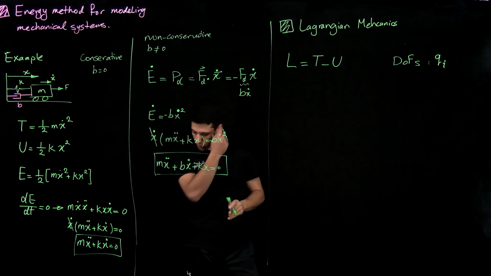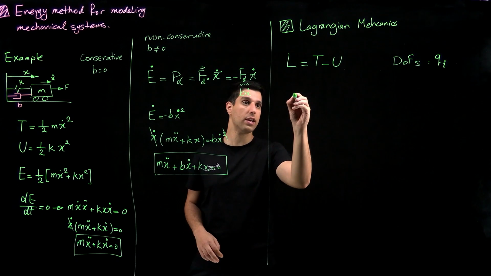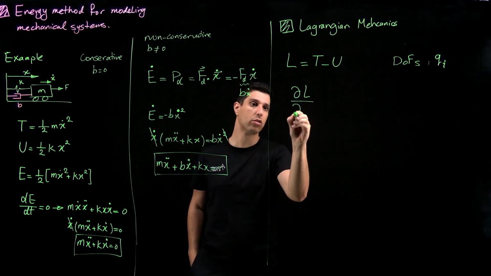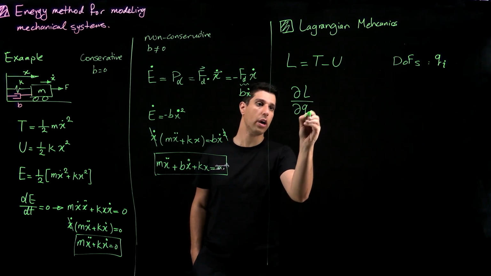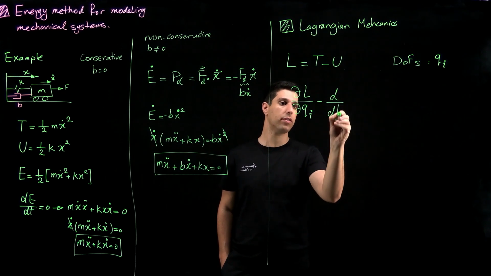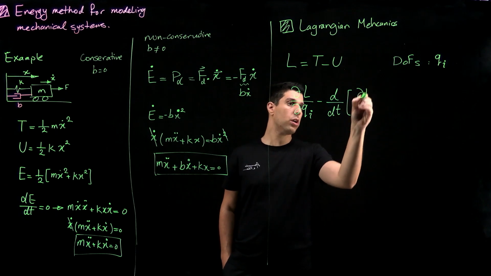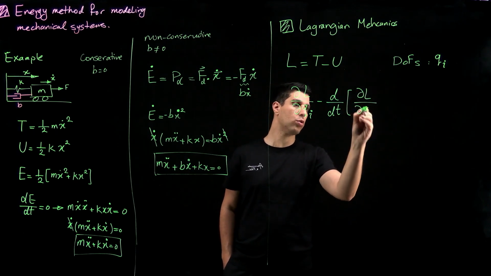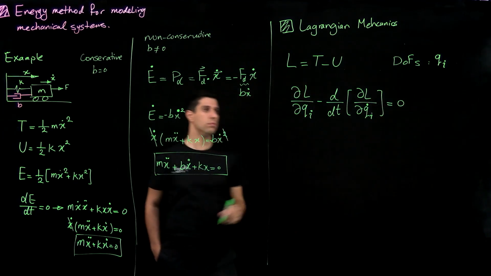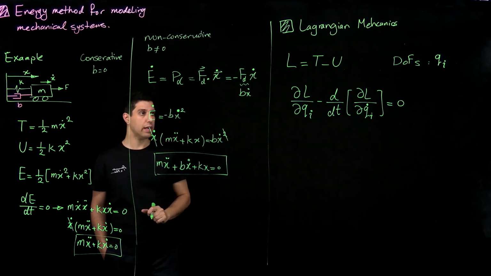This is the standard notation. Then the equations of motion take this form: partial derivative of L with respect to q_i minus time derivative of partial L partial q_i dot equals 0.